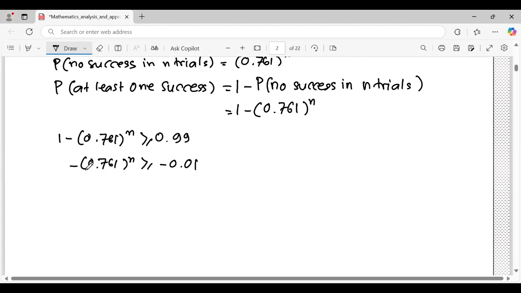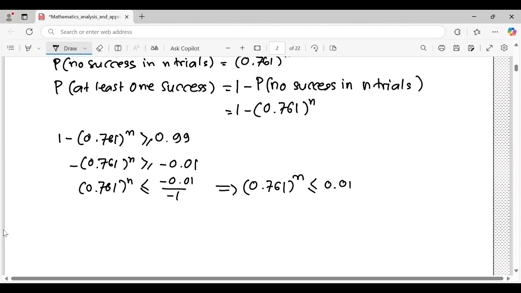Dividing by minus 1, it becomes 0.761 power n less than or equal to 0.01.